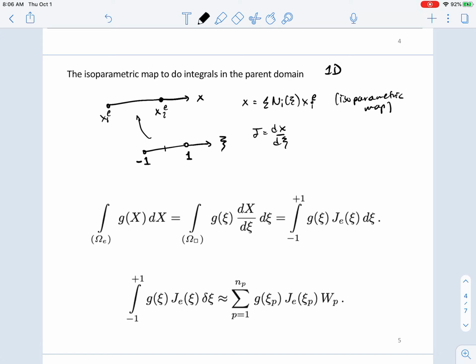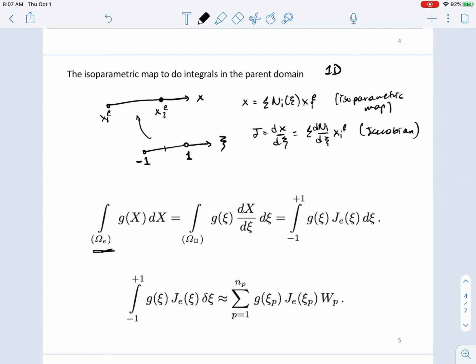And we have the Jacobian of the isoparametric map, which, because it's one dimension, is just the total derivative of x with respect to xi, which is the sum of the derivatives of the shape functions with respect to xi times x_i^e. So we have the map and the Jacobian of the map.